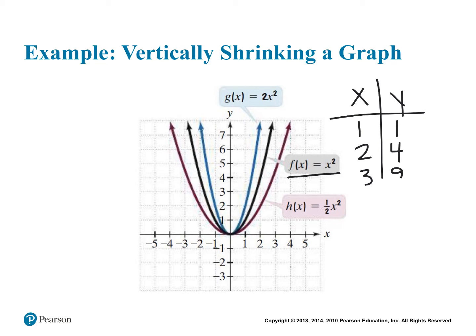So that's where they get the 1, 1, the 2, 4, then 3, 9 would be up here somewhere. Then if I make it multiplied by 2, it actually makes it narrower. It pulls it up.